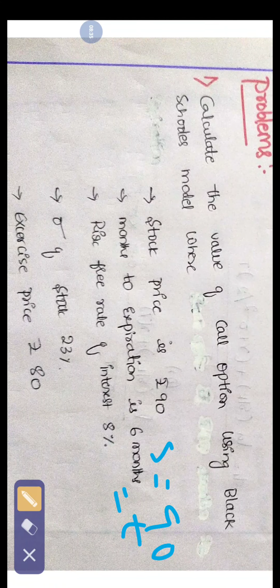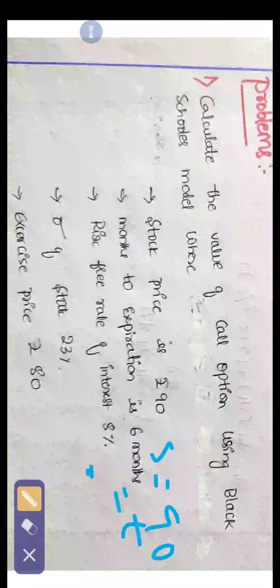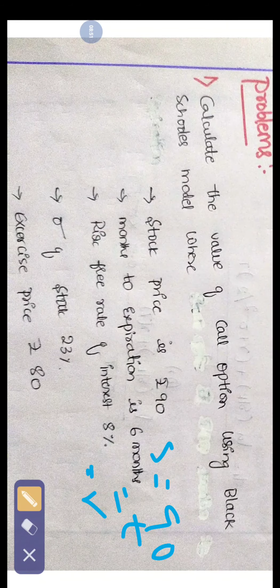Next, they have given the risk-free interest rate, the small r, that is 8%, meaning 0.08. Next, standard deviation is 23%, and the exercise price K, the strike price, is ₹80. The option style mentioned here is the European call option.